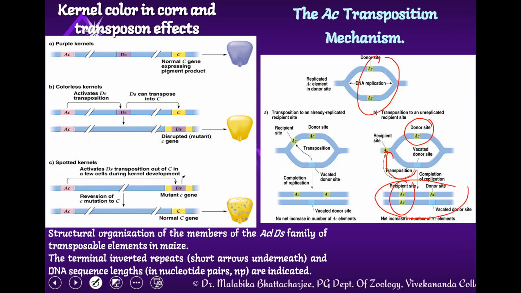So this is how this AC associated element is increased during the process of replication, based on where it is jumping during replication. So this is how the number of AC elements is increased.